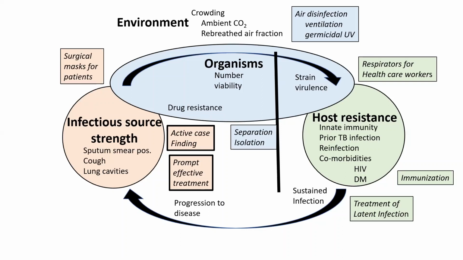That is not by itself a risk factor for tuberculosis, but it is an indicator of rebreathed air fraction. The more CO2 there is in the indoor space, the more it indicates that there are a lot of people who are the source of CO2 and relatively little dilution. So it's a mix of the number of people and the amount of ventilation.